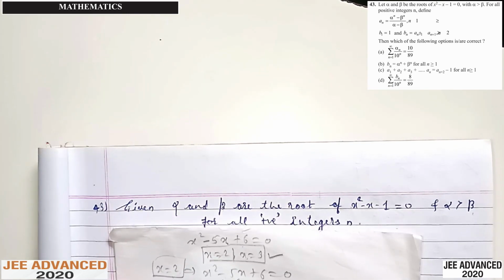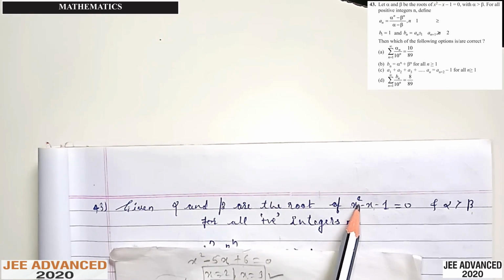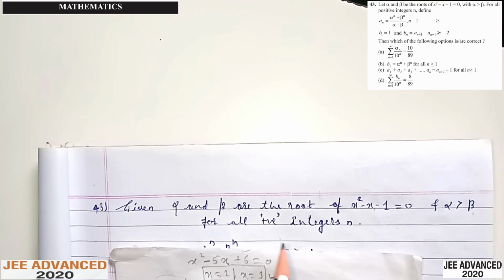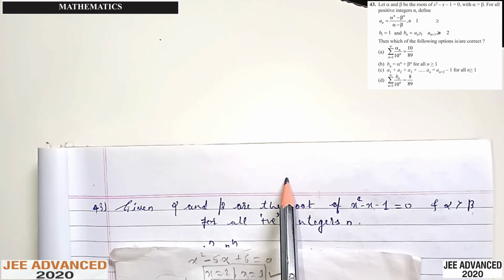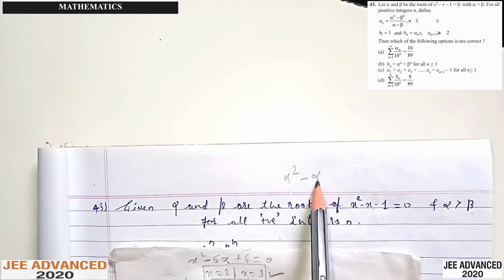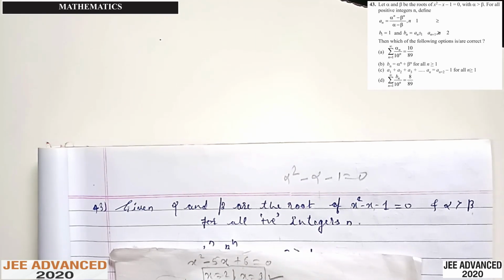Similarly, in our example, alpha and beta are the roots of the quadratic equation x squared minus x minus 1 equals 0. So if alpha and beta are roots of this quadratic equation, can we write alpha squared minus alpha minus 1 equals 0? Yes, it is possible because alpha is a root of the quadratic equation, as given in our question.